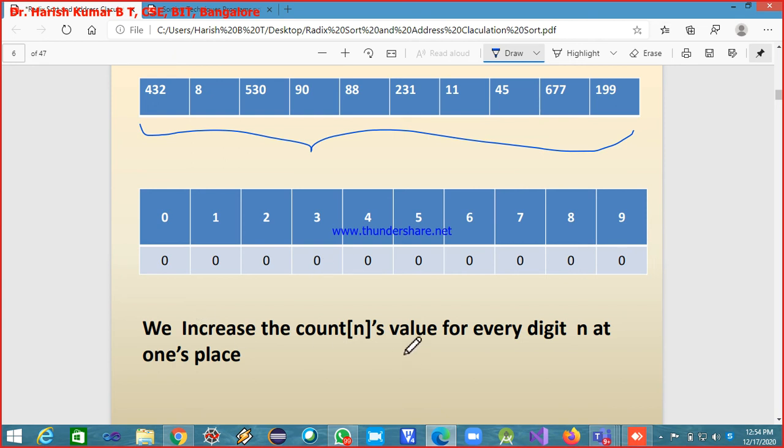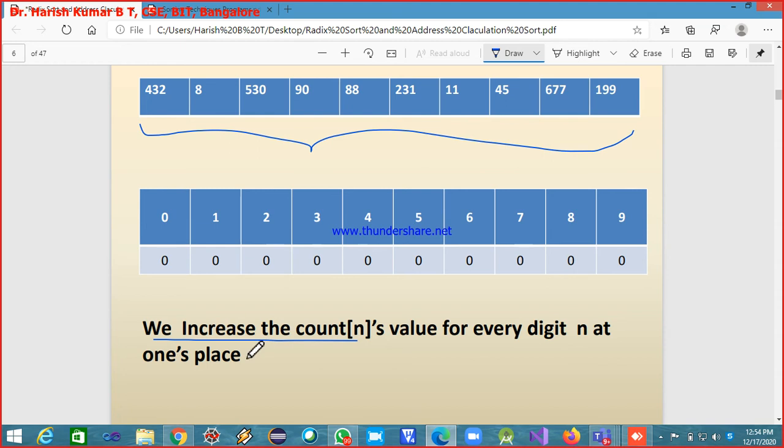So we increase the count of n's value for every digit n at ones place. Just try to understand this. Initially they are all 0.